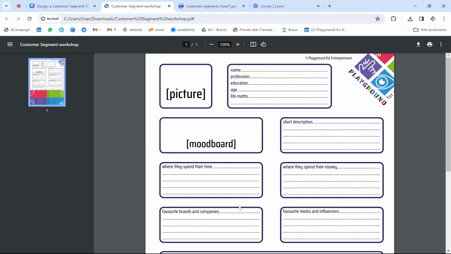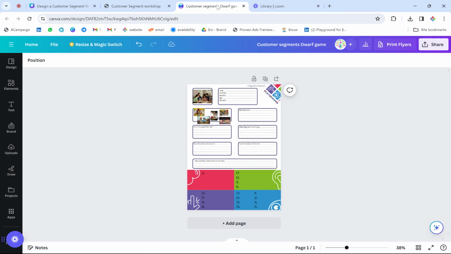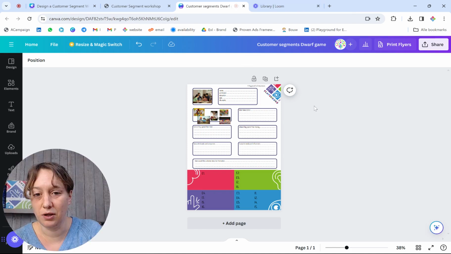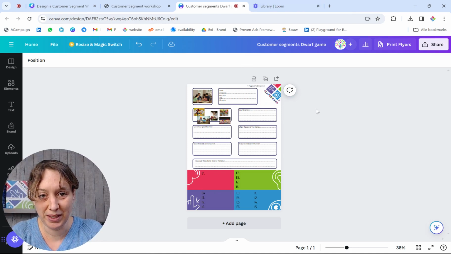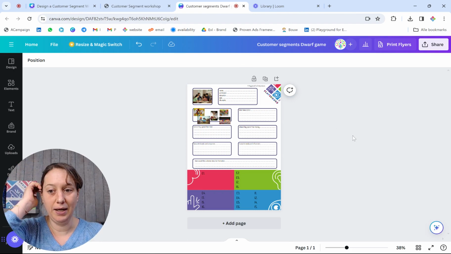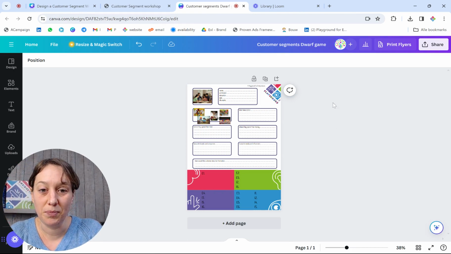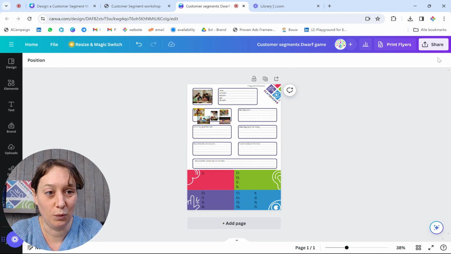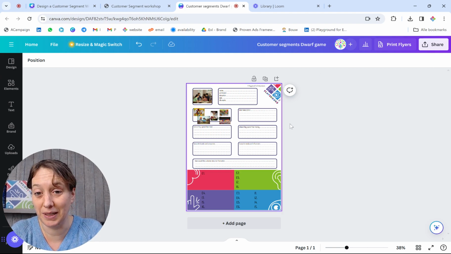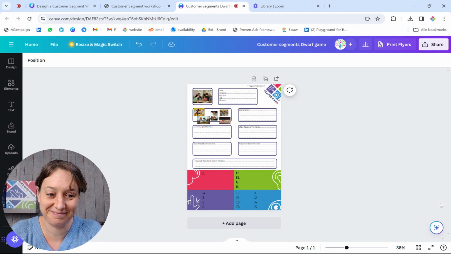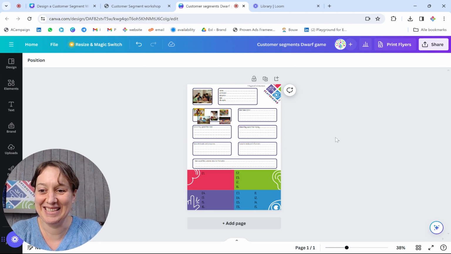So let's take a look at an example. So this is a worksheet. I am setting up a fictitious company with my family, which is about developing games. So let's take that as an example. This is the dwarf game.